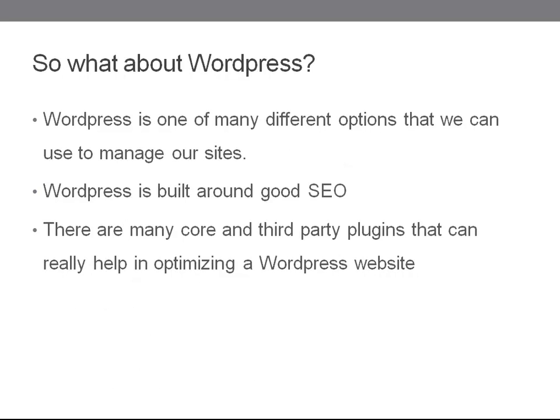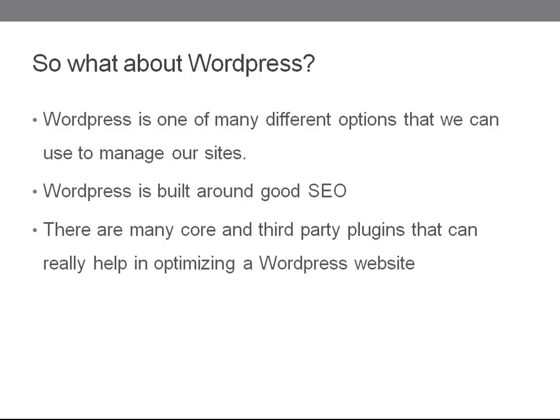So what about WordPress? So WordPress is one of many different options that we can use to manage our site. There's other content management systems like Joomla, Drupal, but WordPress is definitely one of, if not the best CMS to use in terms of SEO. WordPress is built around good SEO.